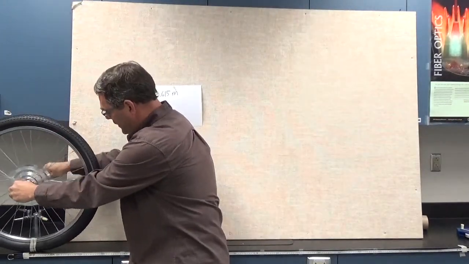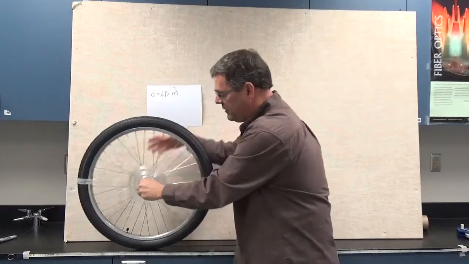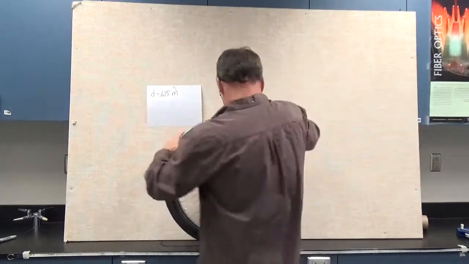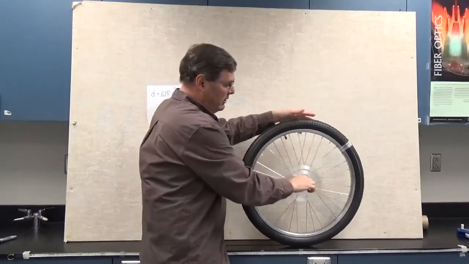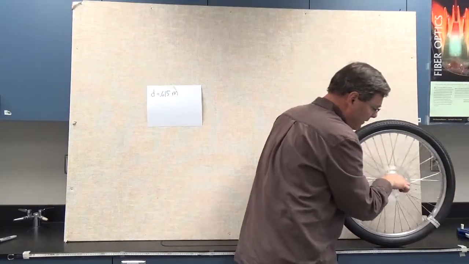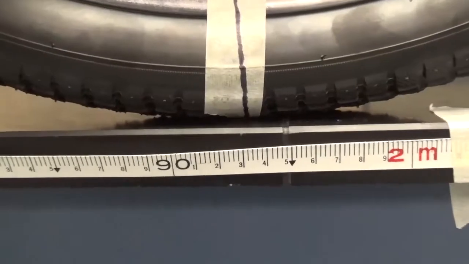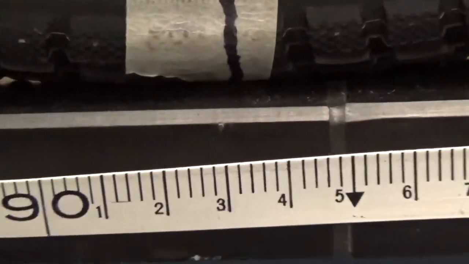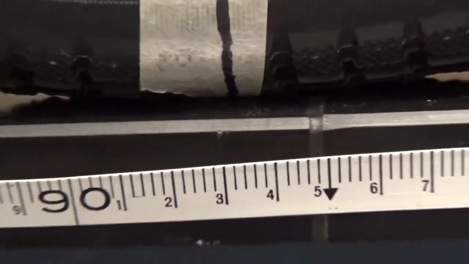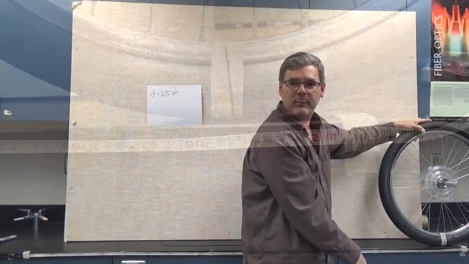And now I'm going to roll it through one rotation, and I'm going to follow this mark through one complete rotation, and when it gets over here, I'm going to look at my tape measure and read that it came to the 193 centimeter mark.